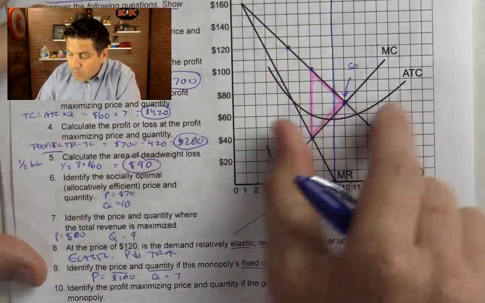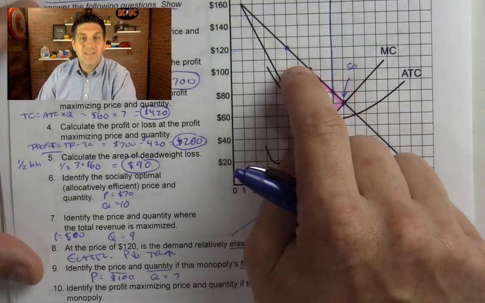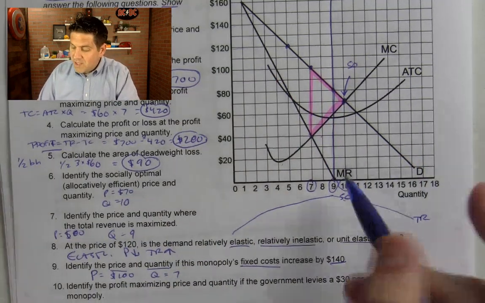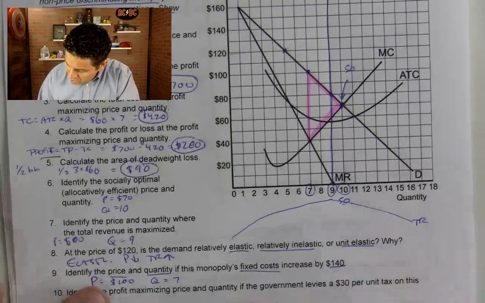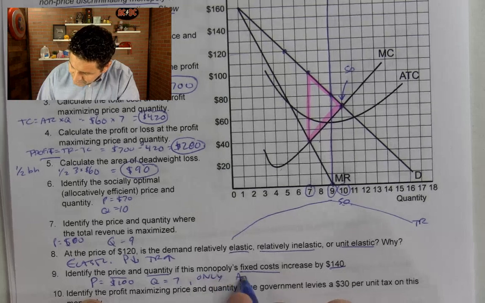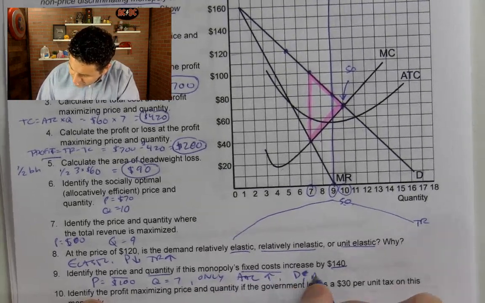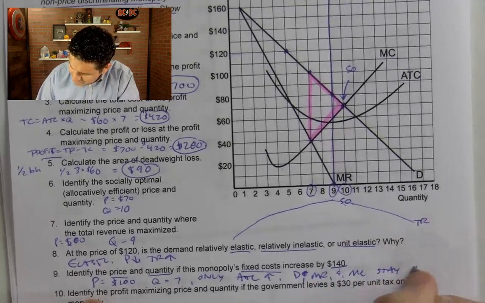But that wouldn't affect how much you're actually producing because ATC isn't determining how much you produce. What you produce is based on the marginal revenue and the marginal cost and the demand, and none of those shift. And so for this one, you'd say only ATC would go up. Demand, marginal revenue, and marginal cost stay the same.